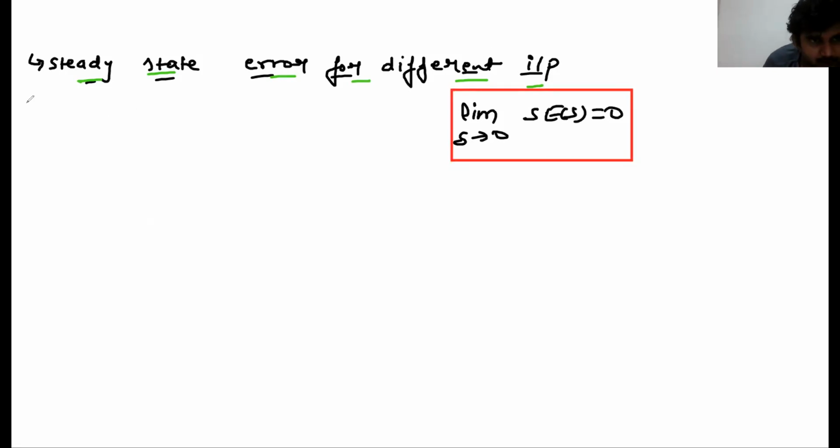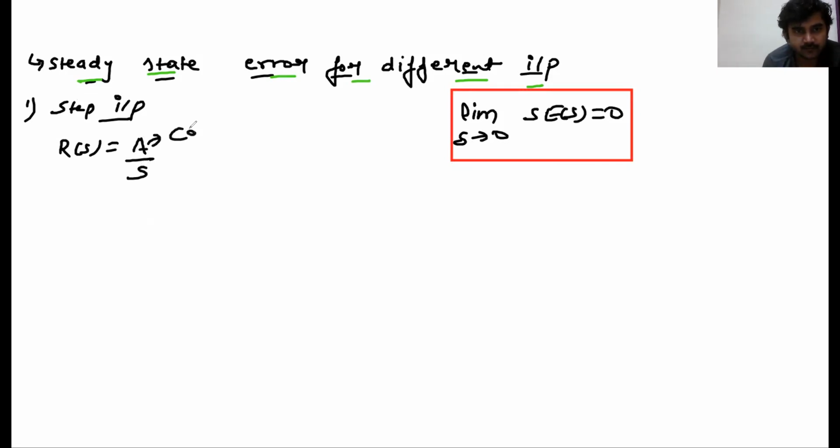Now, first is your step input. So if a step input is given, what is the transfer function of the step input? Simply A by S, where A is any constant.